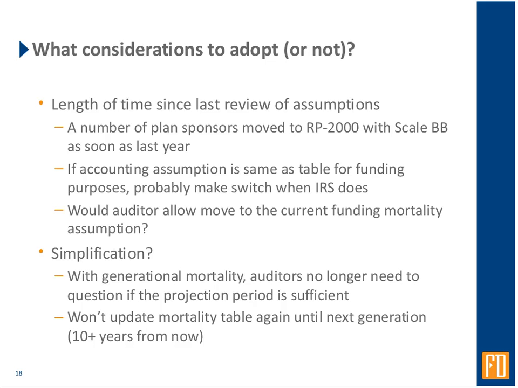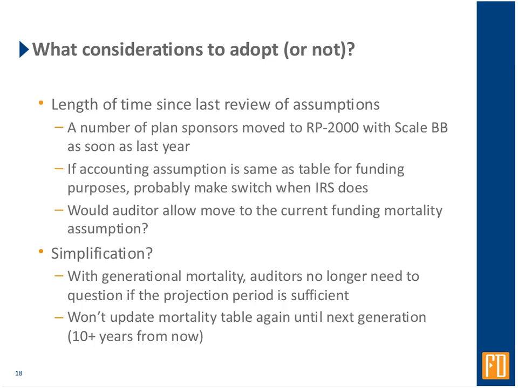For some plans, the accounting assumption for mortality is to simply use the mortality table for funding purposes. If that's the case for you, you probably will make the switch when the IRS makes their switch, and at that point, you're just following along with the same methodology you've always used. You update your table when the IRS updates the funding table.